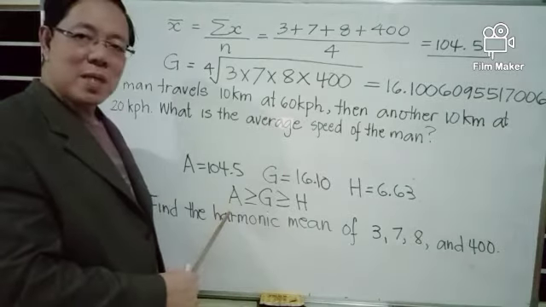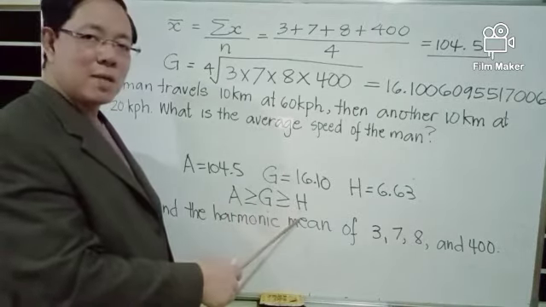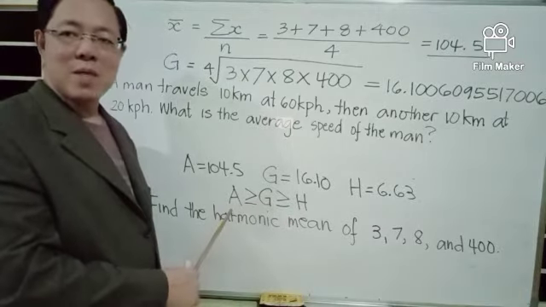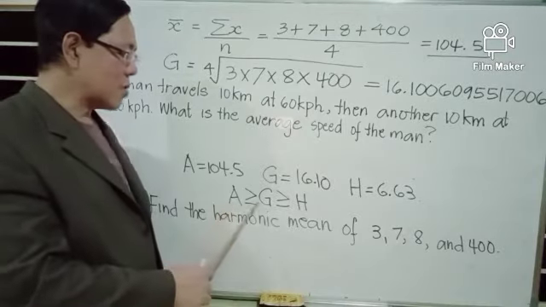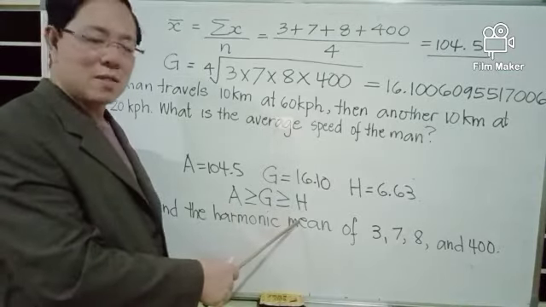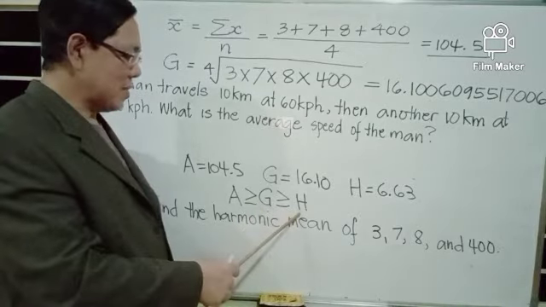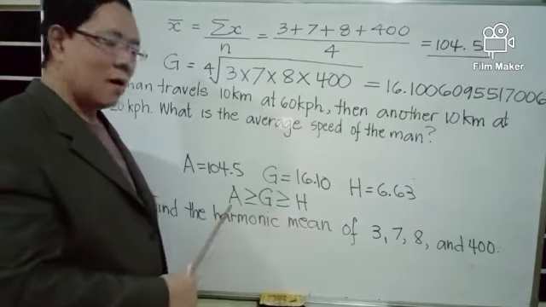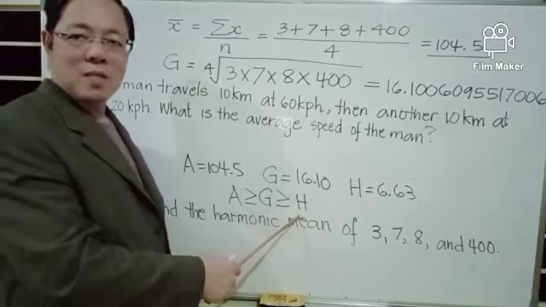The arithmetic mean is always the largest value among the three means, and the harmonic mean is always the smallest.